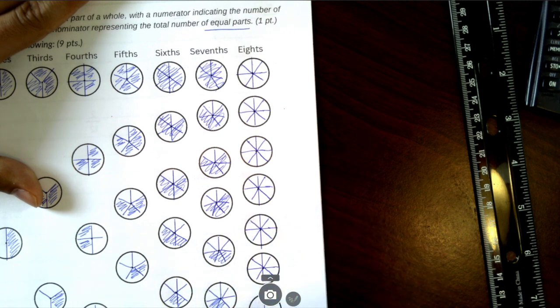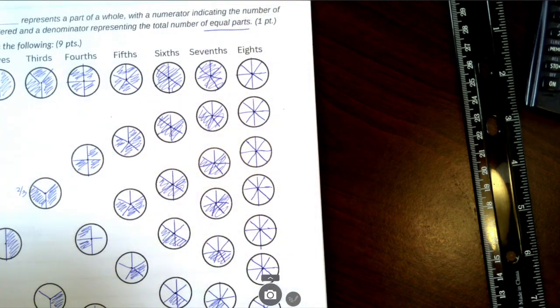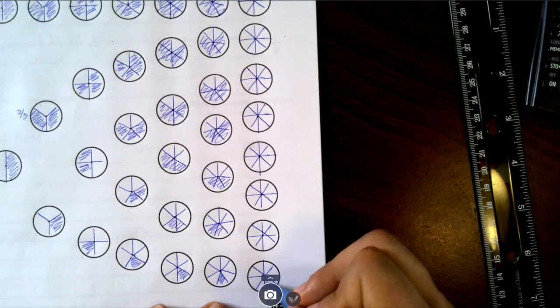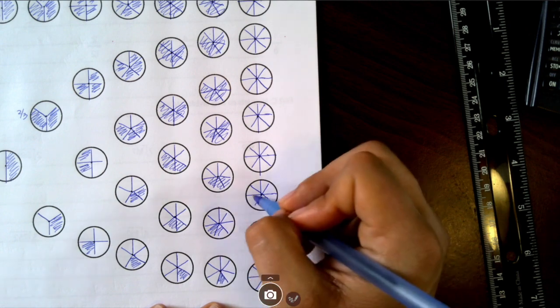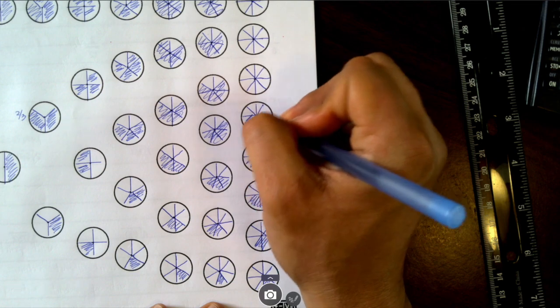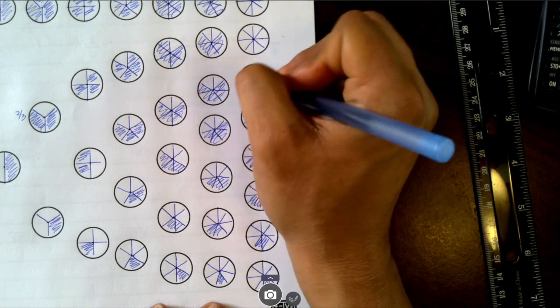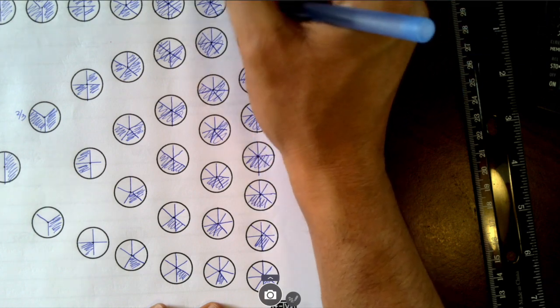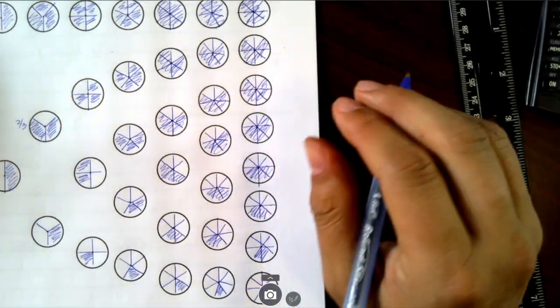So I'm sorry if I'm going a little fast. Just trying to get done with this lesson, but it's been a long video. We're already at almost 50 minutes. So then just fill it out. So this is 3, this is 4, this is 5, 6, 7, and 8. Okay, so we're done right here.